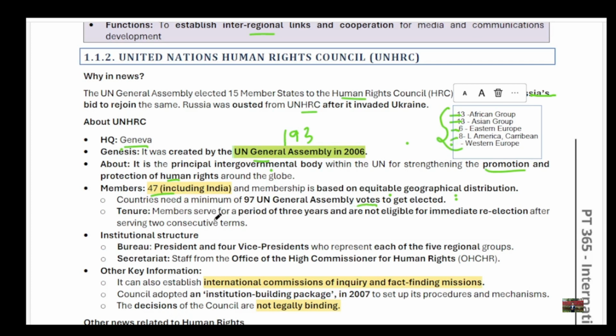The members serve for a period of 3 years and are not eligible for immediate re-election after serving 2 consecutive terms. So let's say if India serves 2 consecutive terms, India might not get re-elected immediately. It may get re-elected after a gap, but not immediately.